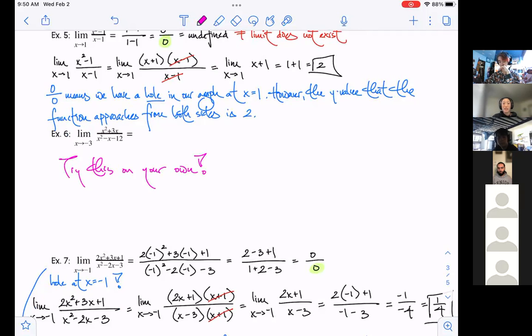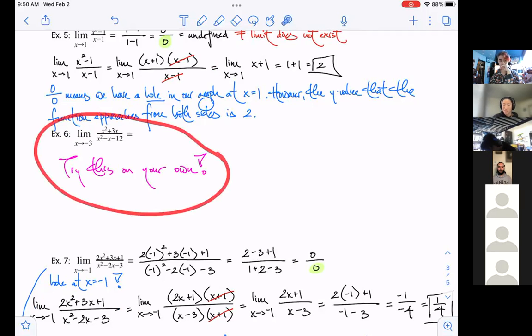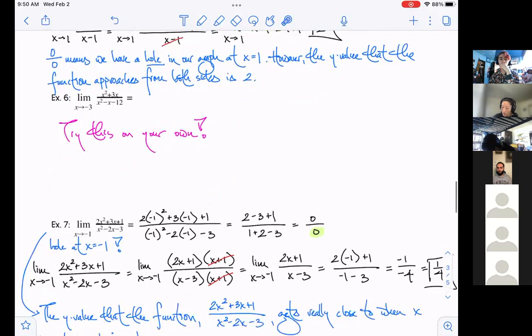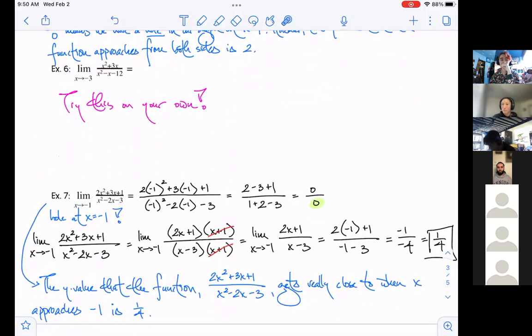You're welcome to work on it and either come to office hours and ask me like, hey, this is what I tried. I'm not sure if this is correct. You can send me a message on Discord. You can email me. You can follow up with me or Yithan in any way if you're like, well, I tried this other problem and I'm not sure about it. Okay, so try that on your own, in the privacy of your own learning environment. Make sure that that factoring situation is something that you feel really comfortable with, okay, in different contexts.